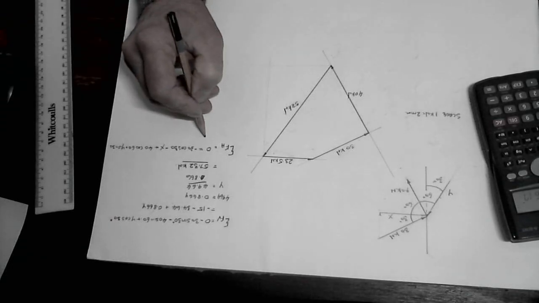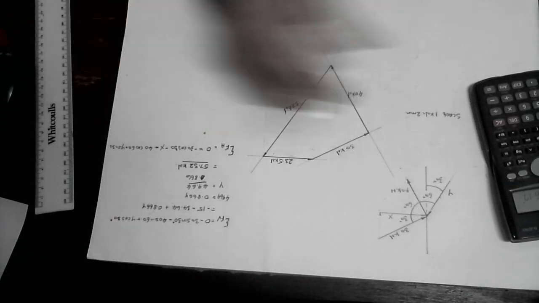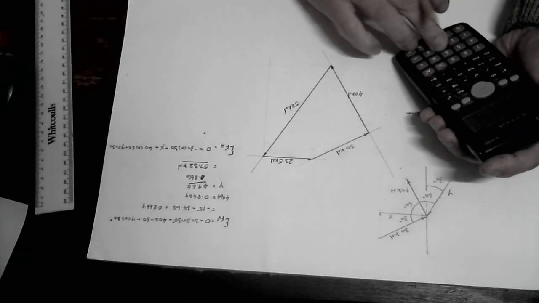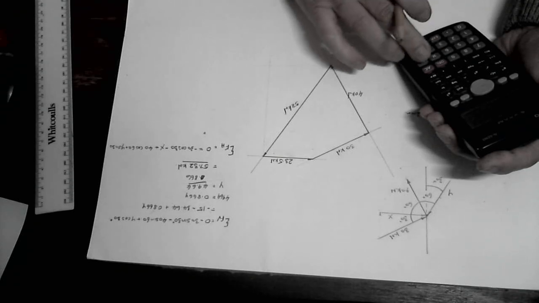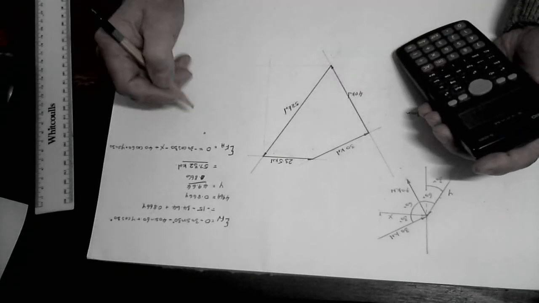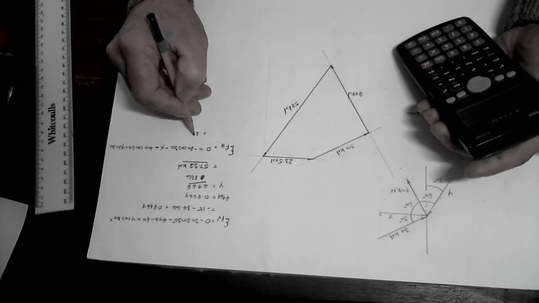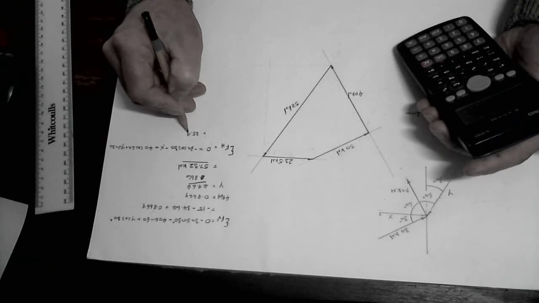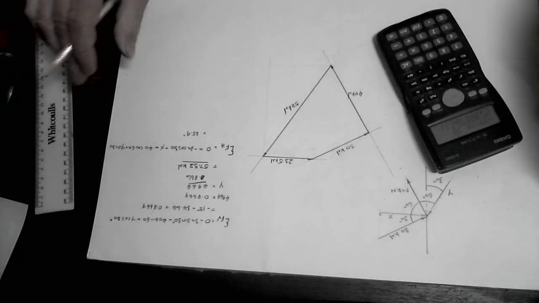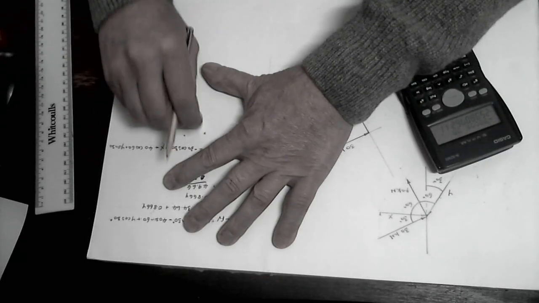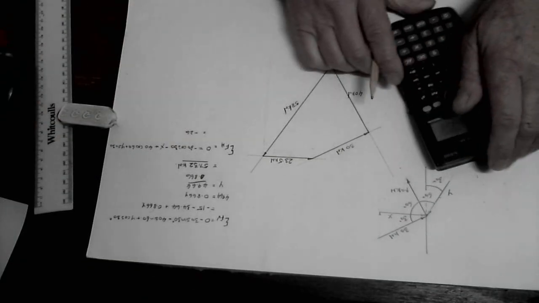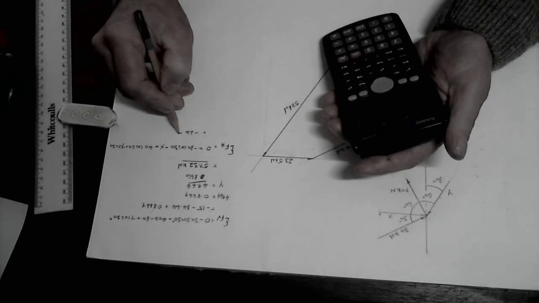Okay, once again, putting some numbers against that. 25.98, we're going to call that 26. And we don't know what x is yet.